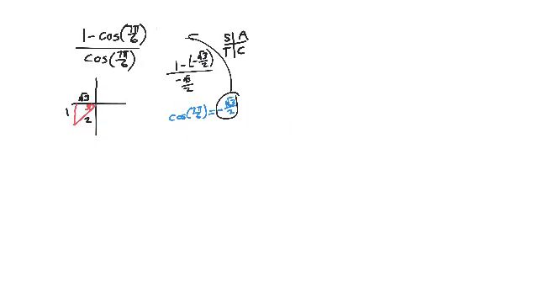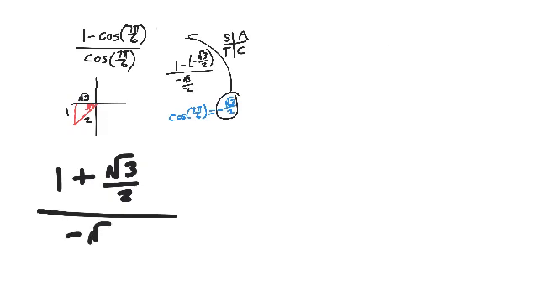Okay, so let's clean that up. First thing I notice, I've got a minus a negative, so I'm going to fix that into a positive. So this is 1 plus radical 3 over 2, and this is divided by negative radical 3 over 2. So now I have a fraction divided by a fraction. So before I can multiply by the reciprocal, I need to get a common denominator in the numerator. So here in the numerator, I've got 1 plus radical 3 over 2.